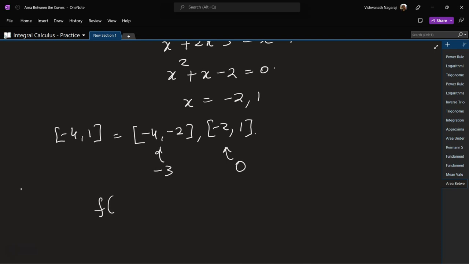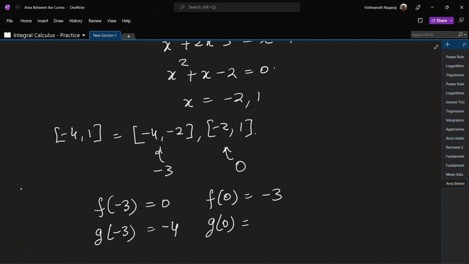So f of minus 3 is equal to 0 and g of minus 3 is equal to minus 4. f of 0 is equal to minus 3 and g of 0 is equal to minus 1. So here this is higher and here this is higher.